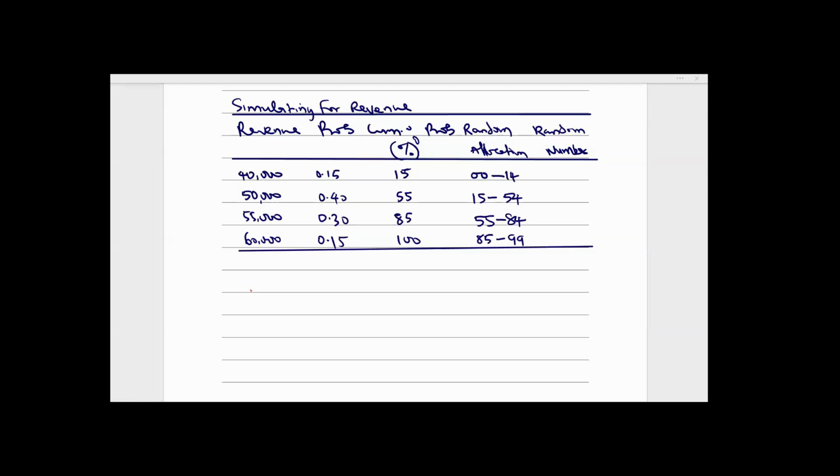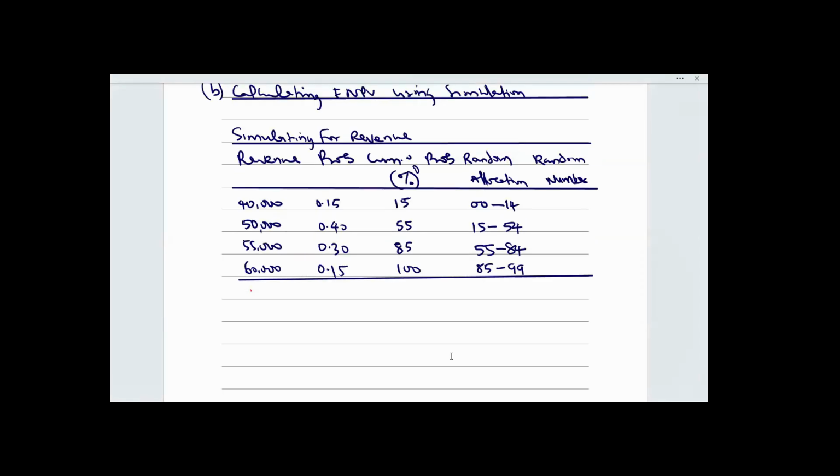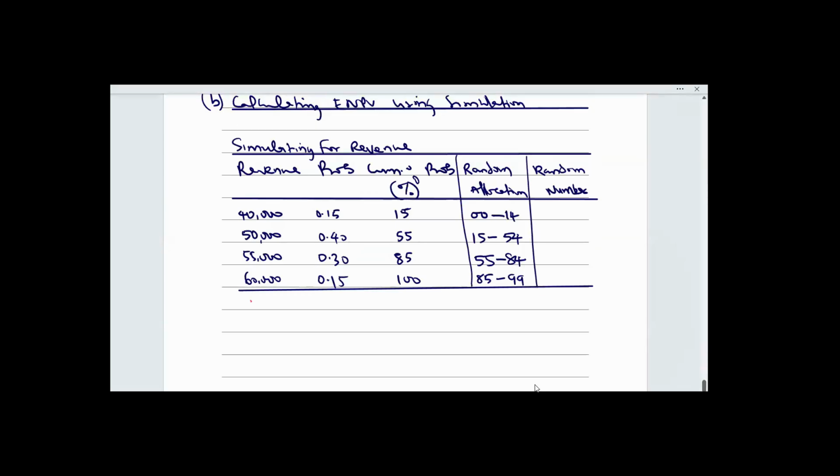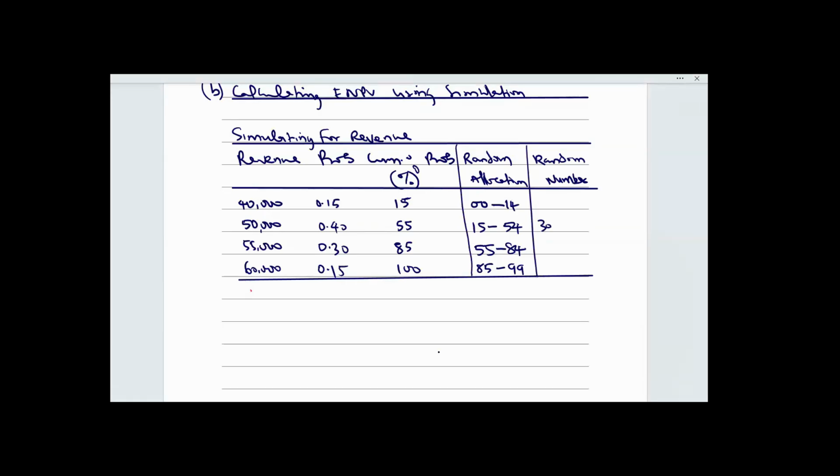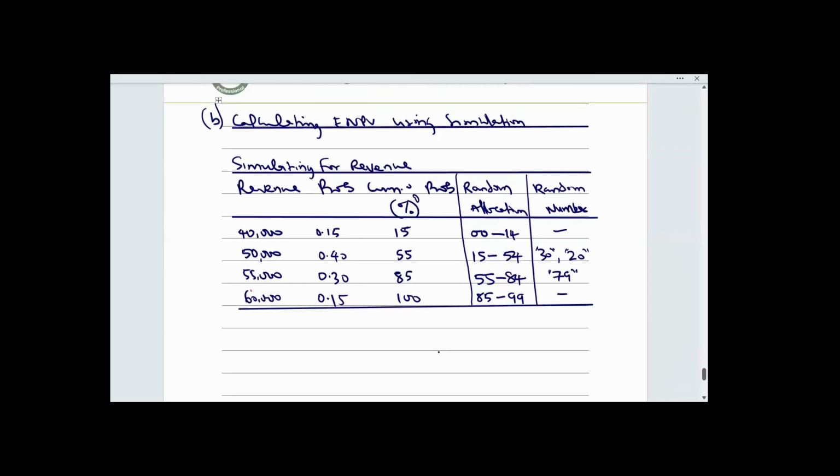From my random allocation, where can I find 30, 20, 79? 30 falls in the second row, 20 is also in the same place, and 79 will be in the third row. So with this, we have simulated for revenue.